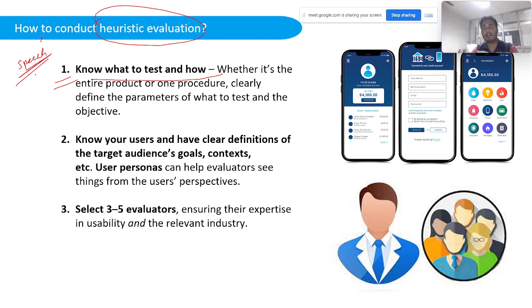So they need to relate how error prevention can be related to dialogue, how someone can make errors in dialogue. So some level of interpretation is required, and that will depend upon what we are going to test and how we are going to test.